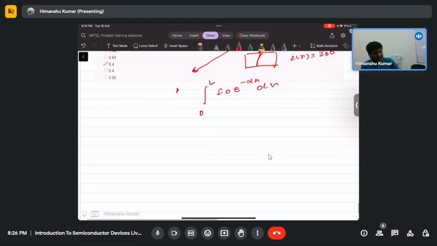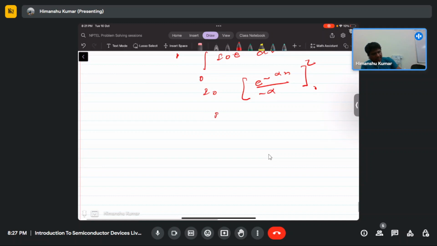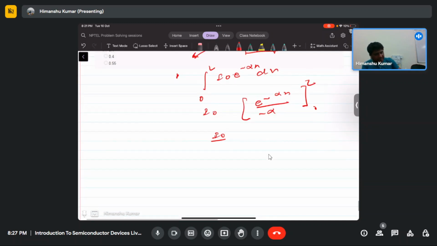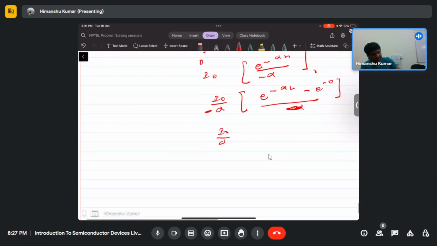That gives I naught exponential of minus alpha x by minus alpha, from 0 to L. So this becomes I naught by minus alpha times exponential of minus alpha L minus exponential of 0, which is 1. So it becomes I naught by alpha times 1 minus exponential of minus alpha L.